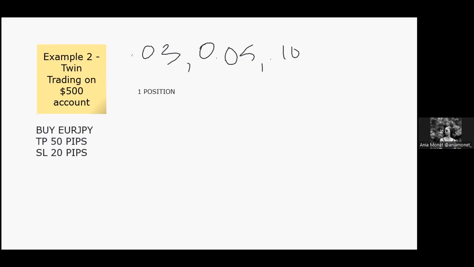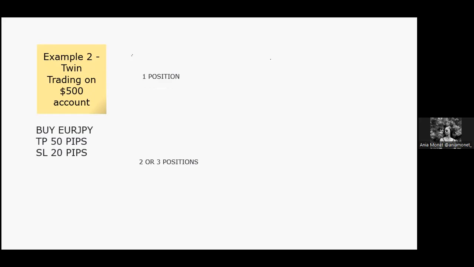Okay, I'll go ahead and erase this at the top. And I'm actually going to move this up a little bit. And we'll put our line. All right, so with one position, let's say we use our highest lot size of a 10 cent.